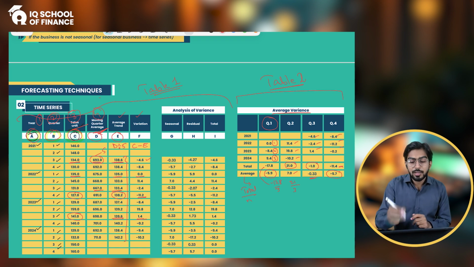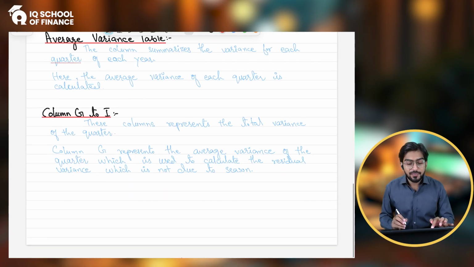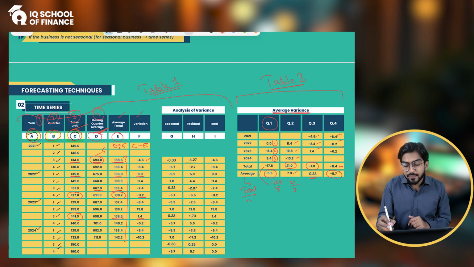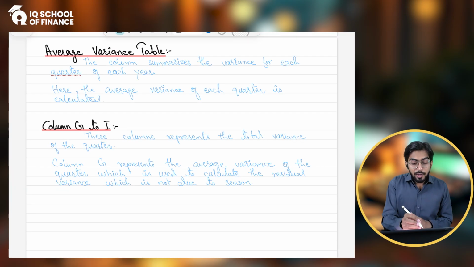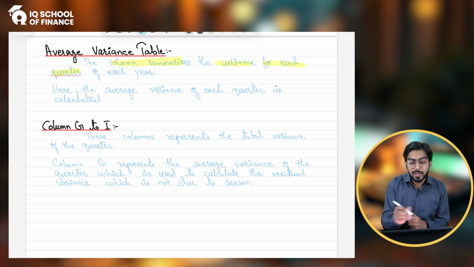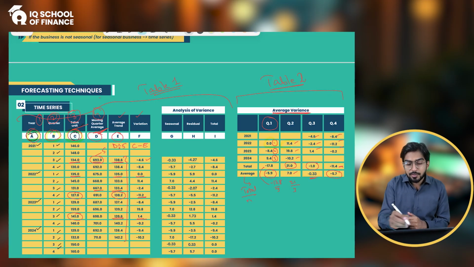Clear? Now come to the narration point. In the narration, we have the average variance table. The name of the table is the average variance table. What we have written here is that the columns summarize the variance for each quarter. Each quarter's variance is written here, 1, 2, 3, 4, and so on.